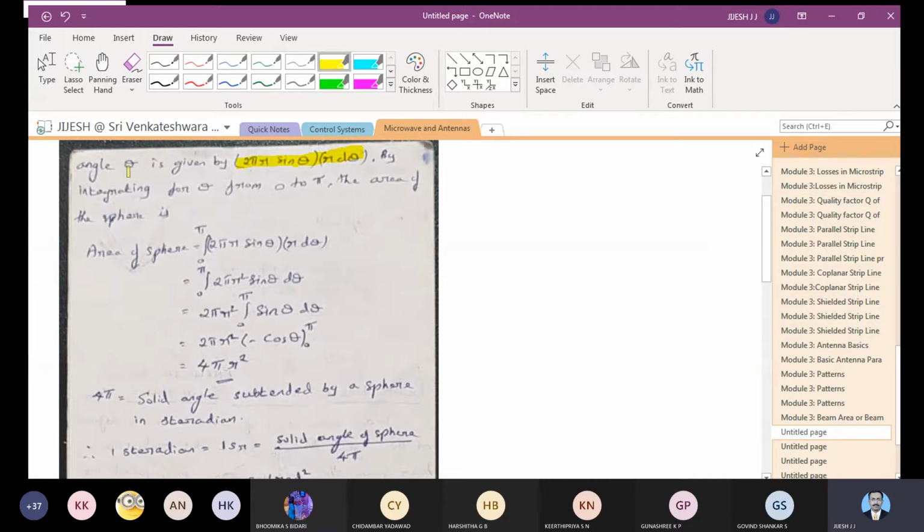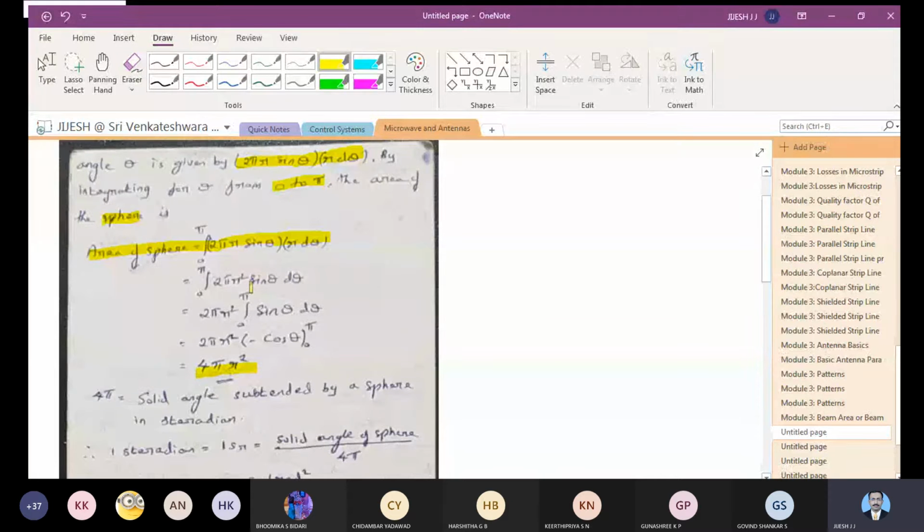Integrating theta from 0 to pi for the sphere, you get the area of the sphere as the integral from 0 to pi of 2 pi r square sin theta d theta, which is 4 pi r square. It is quite known to you.